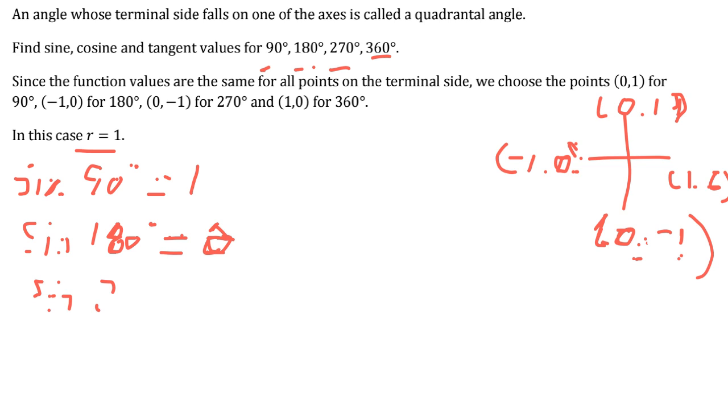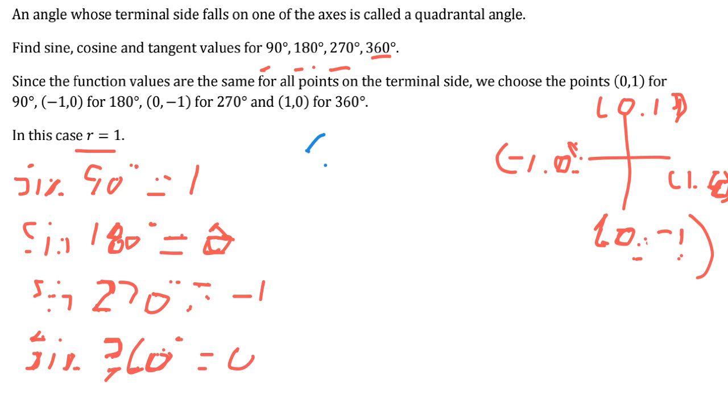Sine of 270 degrees is going to be -1 over 1, which is -1. And the sine of 360 or 0, they're coterminal angles, is going to be 0 over 1, which is 0.